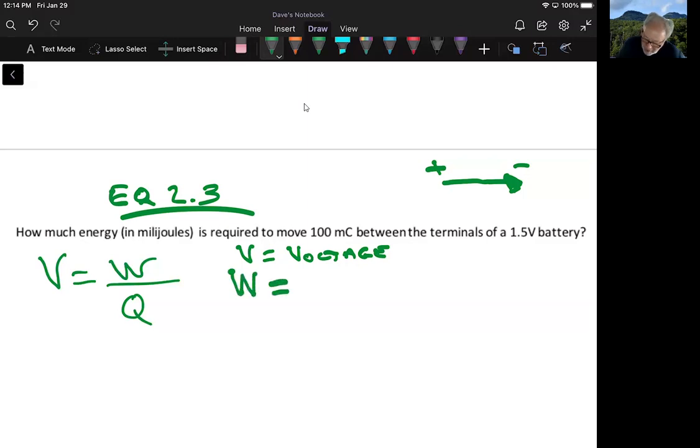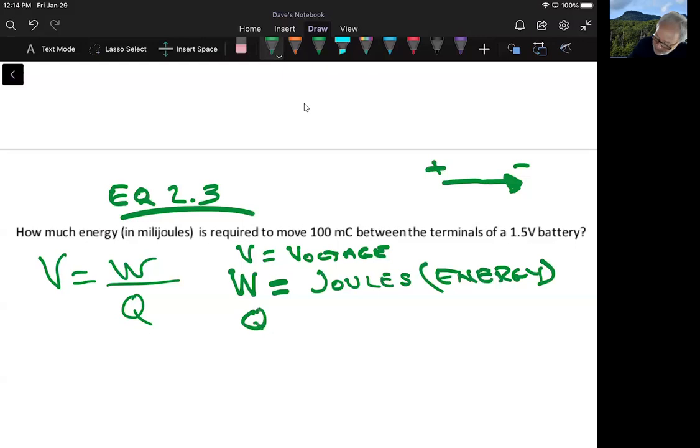And so the W here, and if we saw this in the textbook, we'd see it's in italics, represents joules, which is our basic fundamental measure of energy. Okay, so a certain amount of energy is required to move a certain amount of charge. What's this charge?